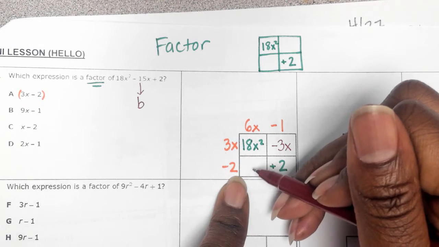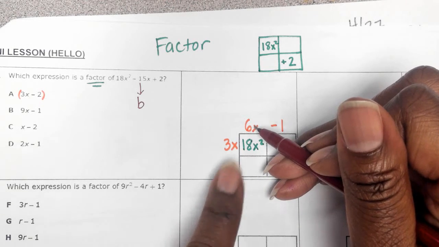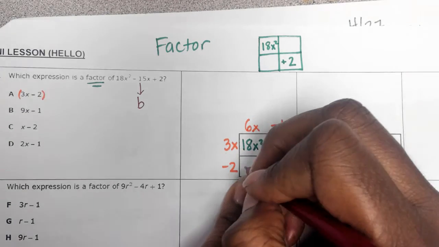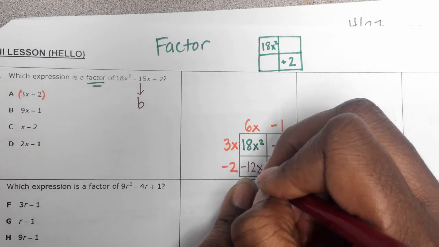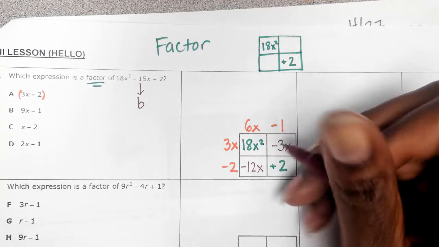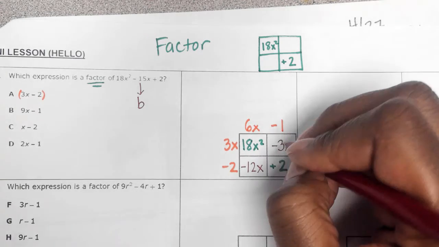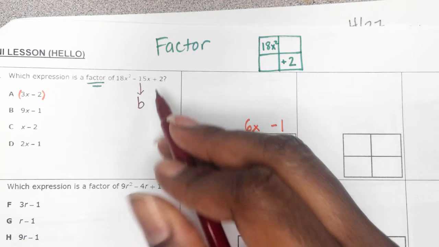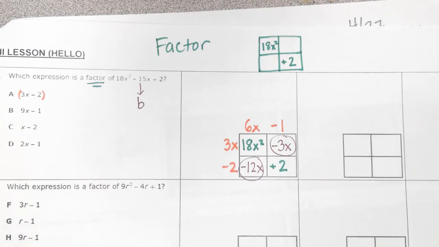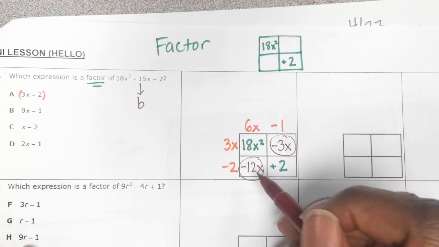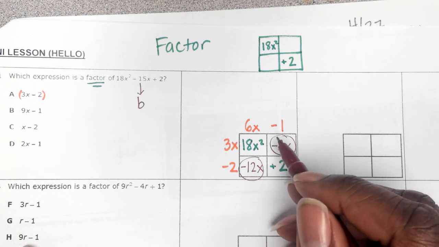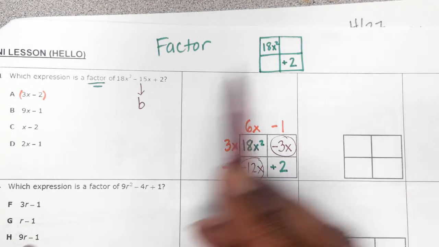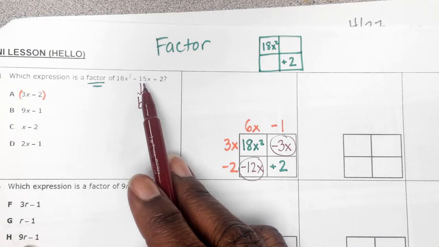And for this box, 6x times negative 2 is negative 12x. So everything in the box worked out, but I got to make sure that these two actually add to equal the B over here. So negative 12x plus negative 3x, does it equal negative 15x?